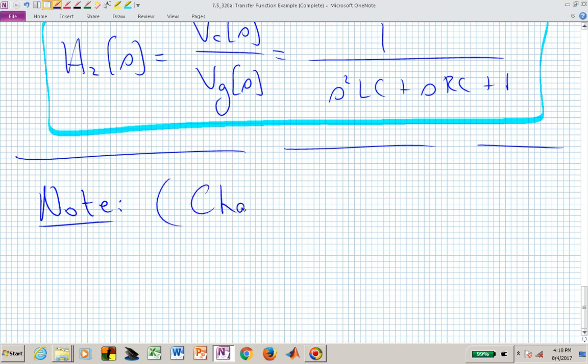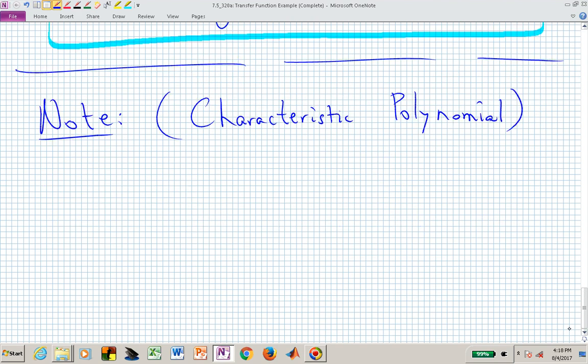The characteristic polynomial, you may hear people refer to that, and I will be referring to that throughout the remainder of the course. The characteristic polynomial, what characterizes the behavior of a system or a circuit, is actually equal to the denominator polynomial.